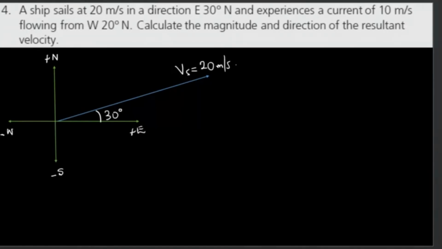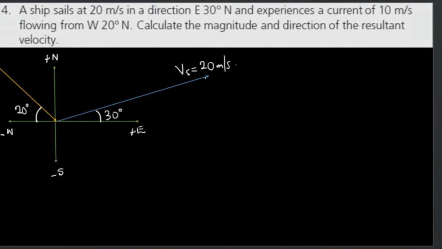Where is this? 20 degrees what? North. So the arrow is going to be pointing down here. Okay, let me just leave it the way it is. 20 degrees.